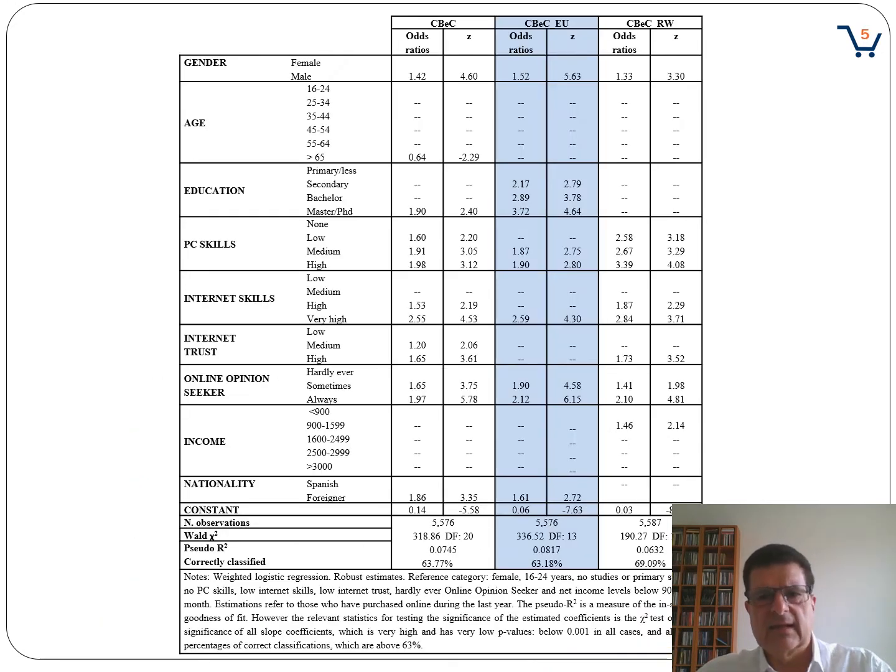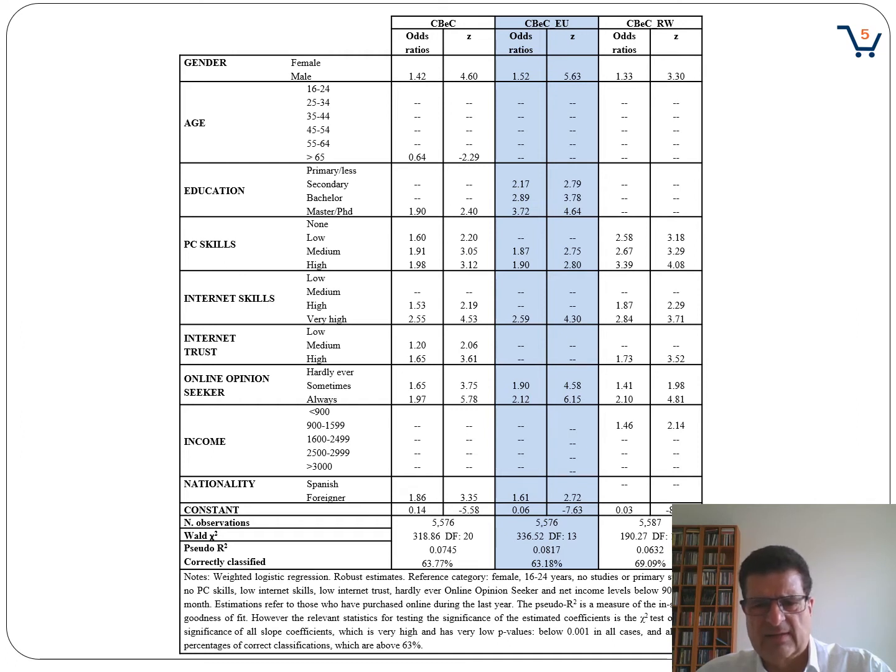In this table on page 13, we have the estimations of the different models. And we see that not all the categories have significant effects.